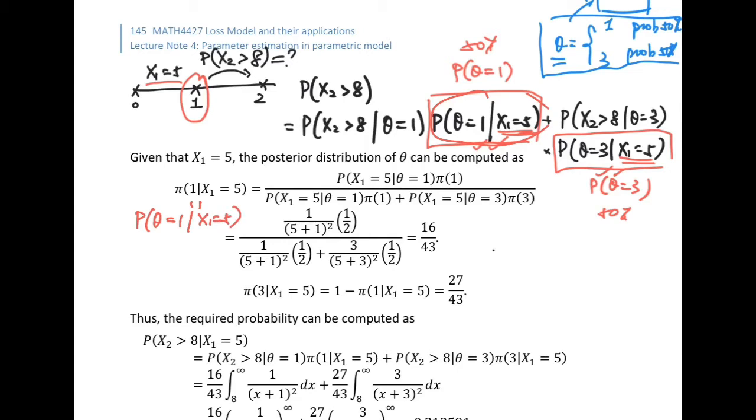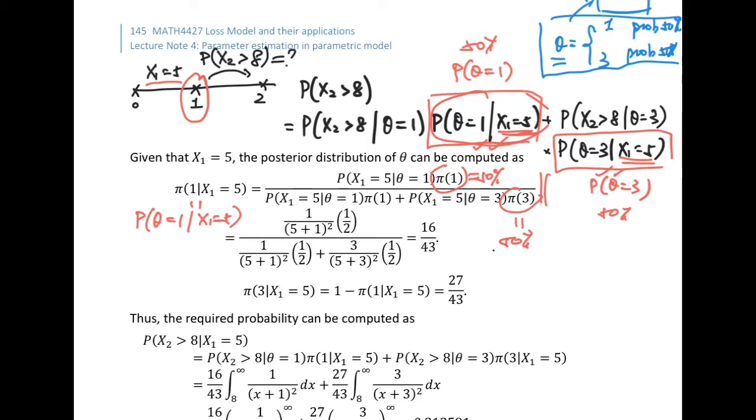Then you just use the Bayes rule, and you can calculate this probability like this. I'm not going to go through the derivation of this formula again; it's the same as what we did before. For pi1 and pi3, that is your prior distribution, which is equal to 50%, 50% respectively.